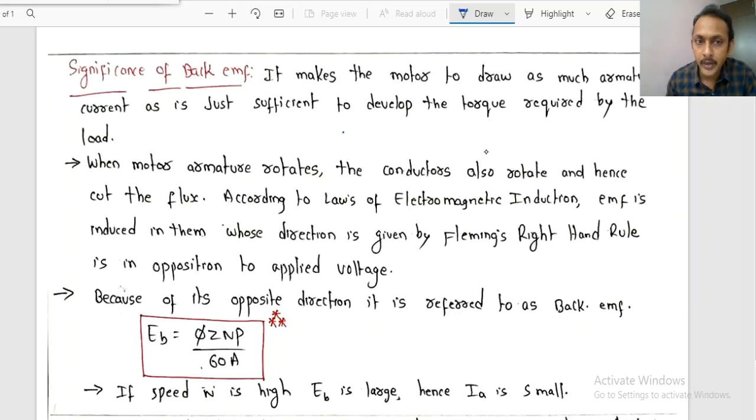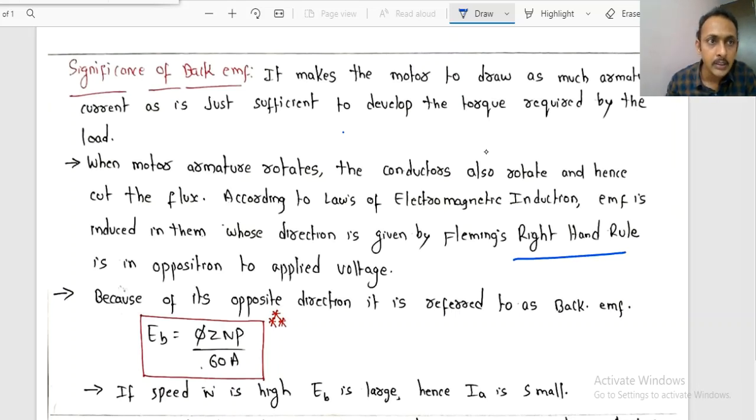What happens is, when the armature rotates, the conductors present in the armature also rotate, and those cut the flux produced by the field winding. Now, according to Faraday's law of electromagnetic induction, some EMF will be induced in the winding, whose direction is given by Fleming's rule.